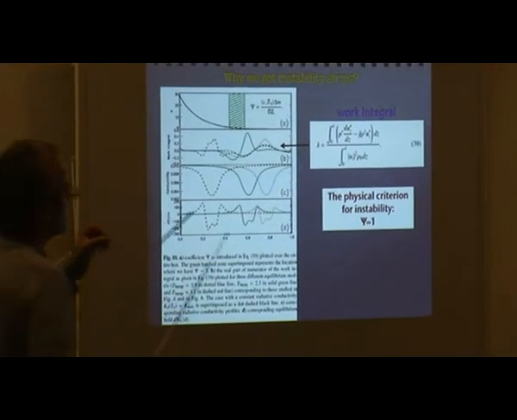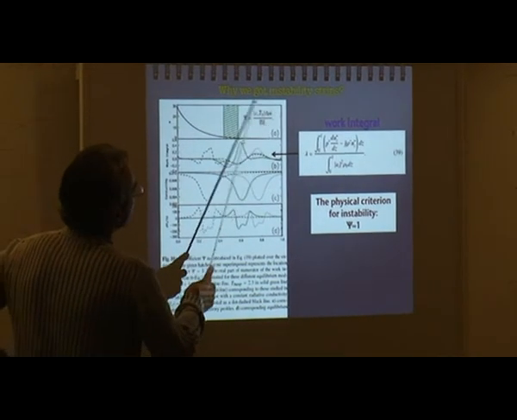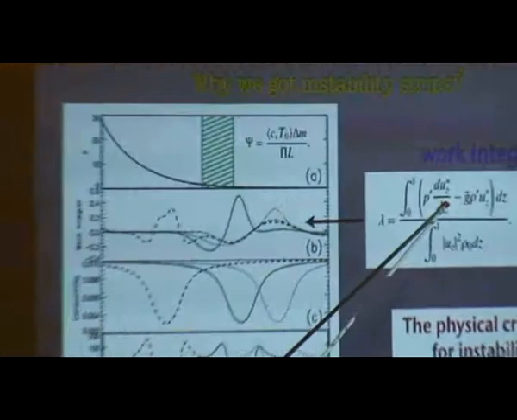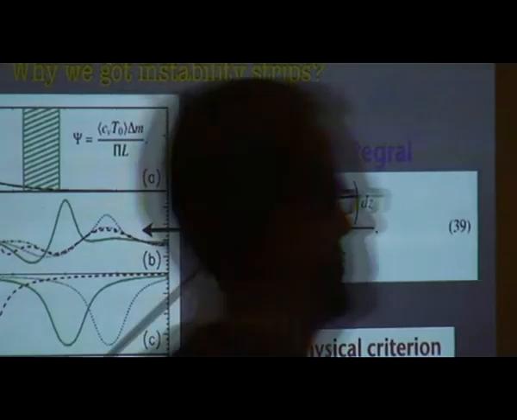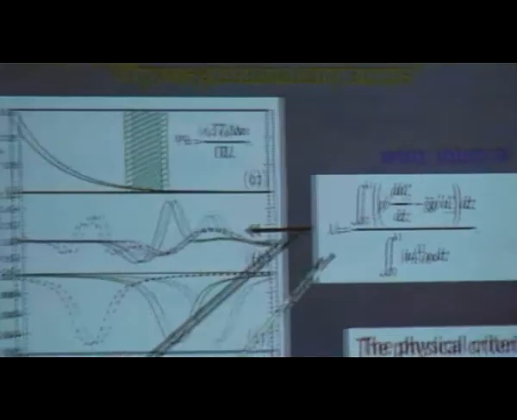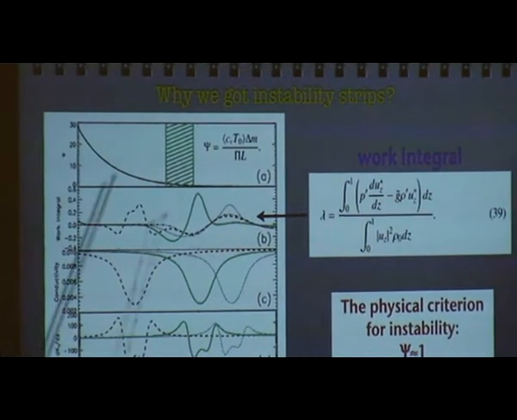understand the physical mechanism, and the good way to do that is to first look at the work integral. Work integral means where the growth rate is positive in the domain. So it's something like the integration of the eigenvector in the layer.